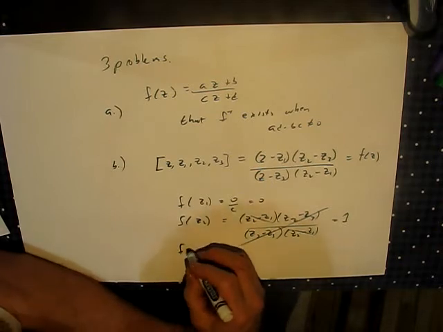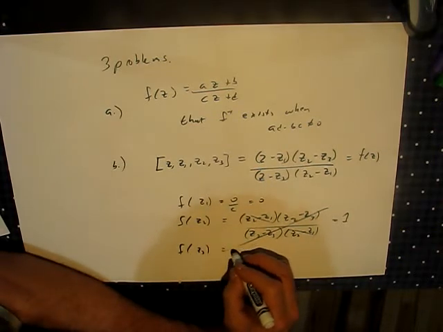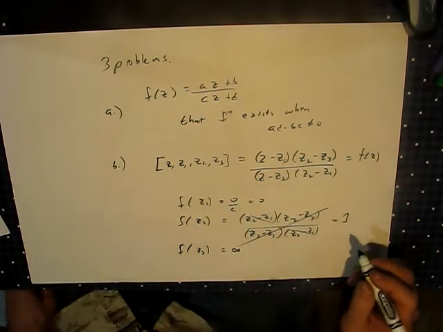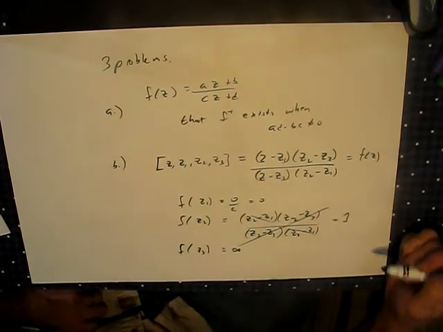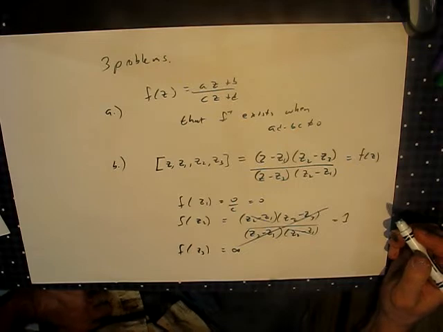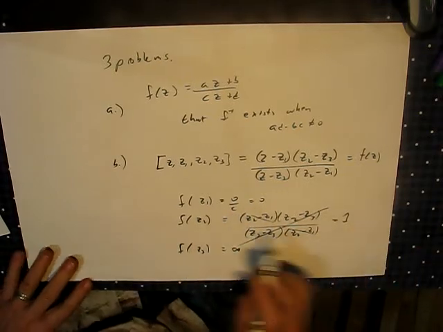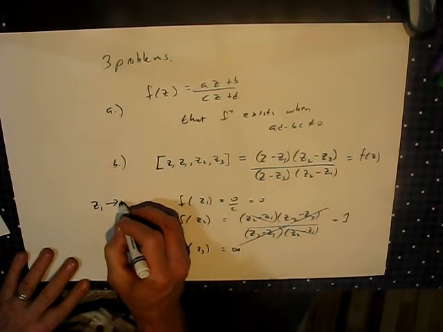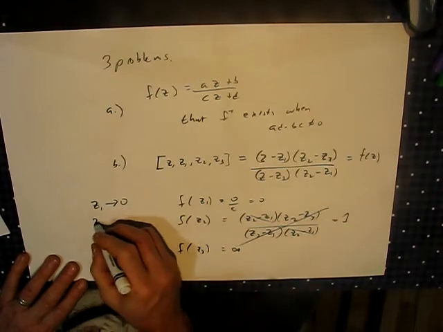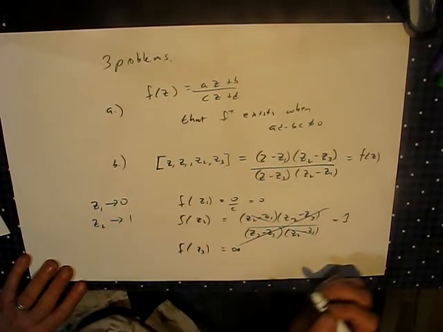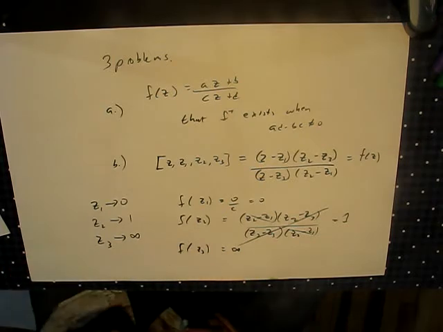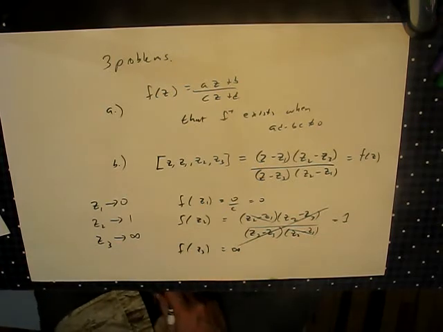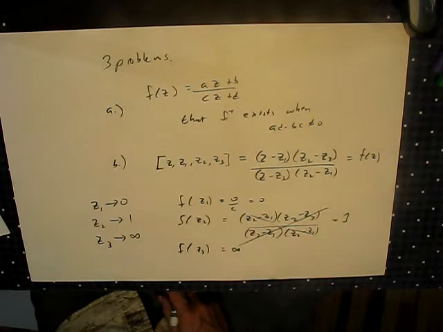And last but not least, if you put in z3, we're going to get infinity. So this term here, called the cross product, is a very special function. z1 under the cross product gets mapped to 0, z2 gets mapped to 1, and z3 gets mapped to infinity. So this is a very specific Möbius function that has these properties.